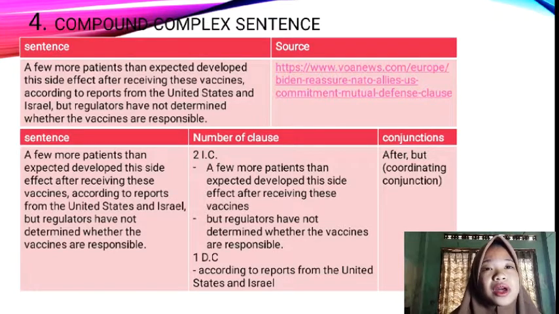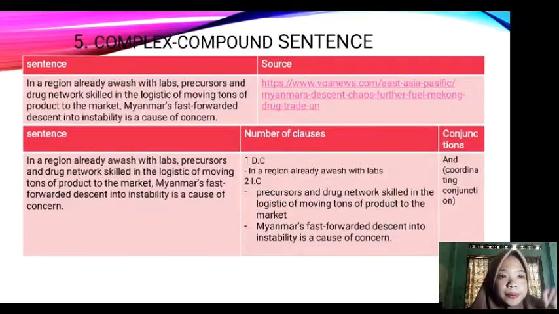The two independent clauses are a few more patients develop this side effect after receiving these vaccines, but regulators have not determined whether the vaccines are responsible. And there is one dependent clause, according to reports from the United States and Israel, and the conjunctions are after and but. And the last is complex-compound sentence.